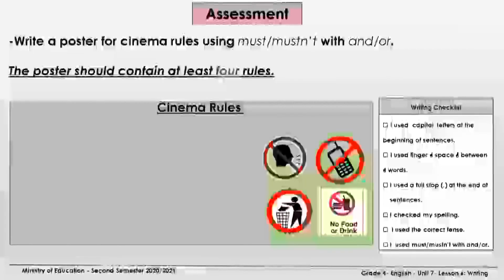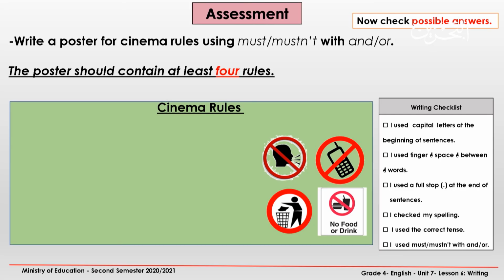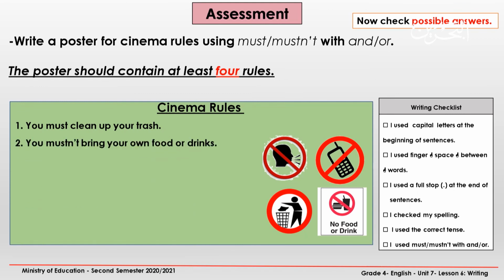Are you ready? Check for possible answers. Number 1. You must clean up your trash. Number 2. You mustn't bring your own food or drinks. Number 3.